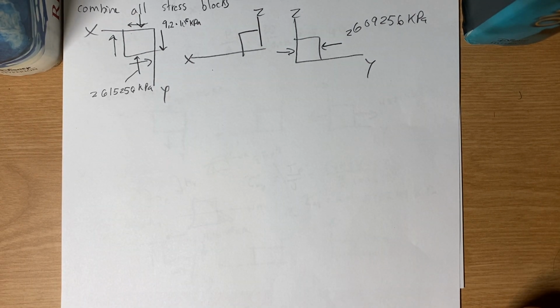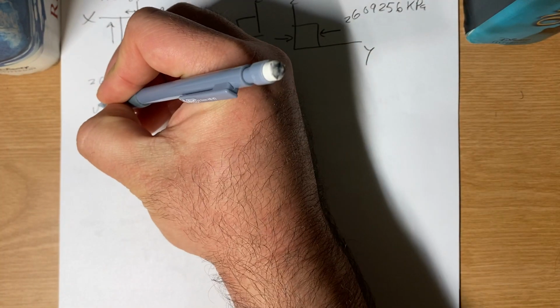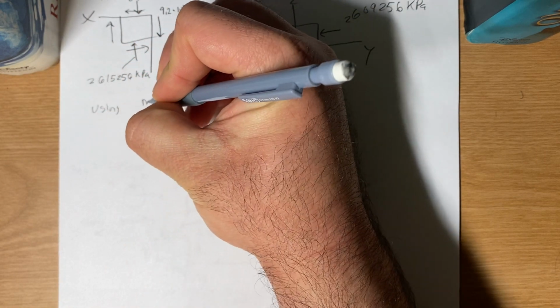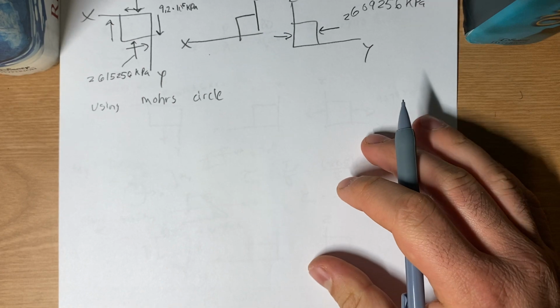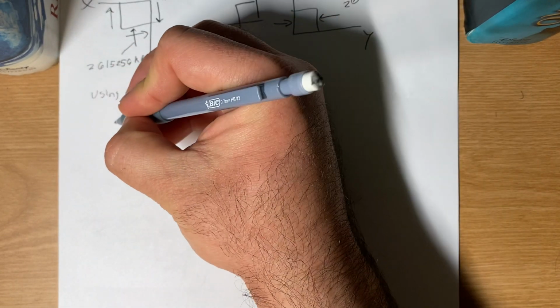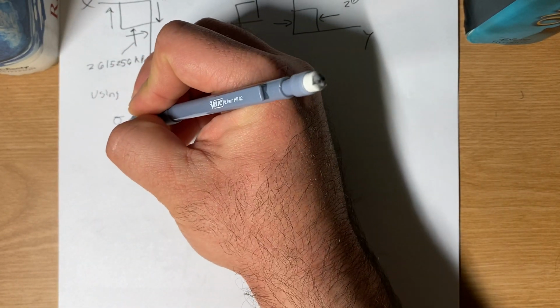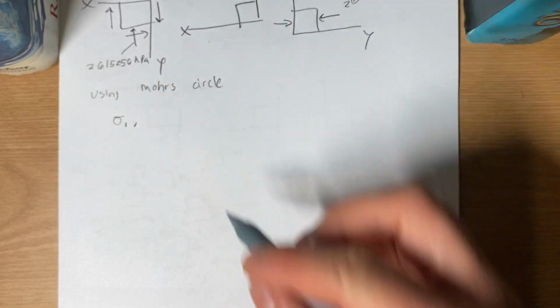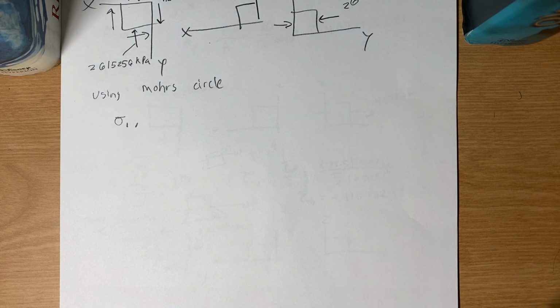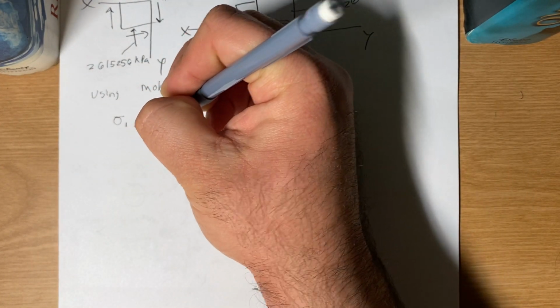So using Mohr's circle, you get this: my principal stress and my shear.